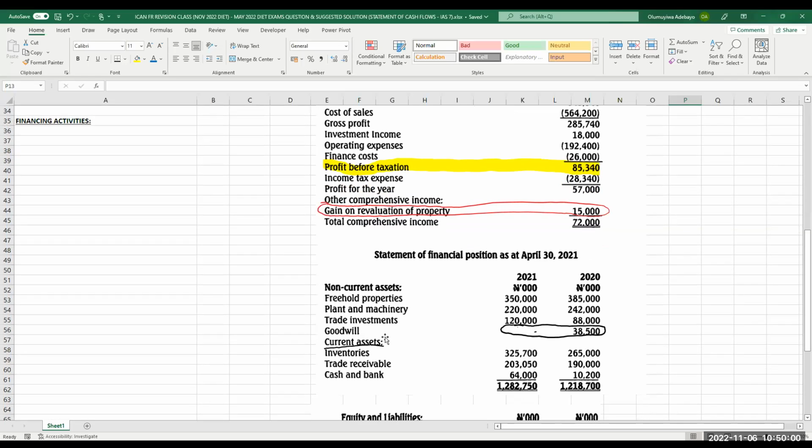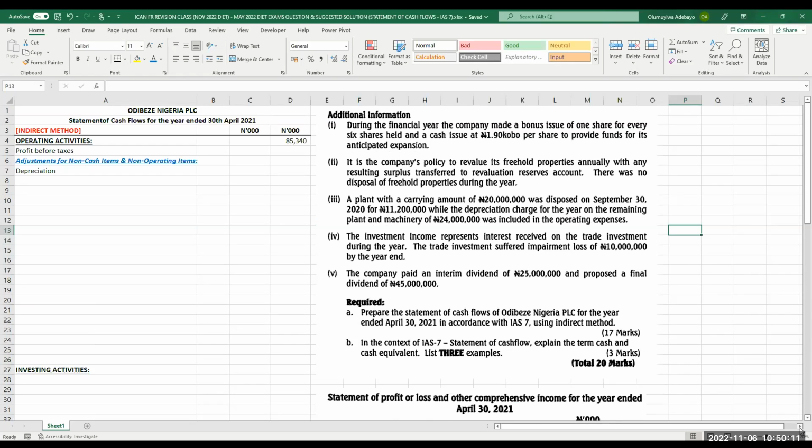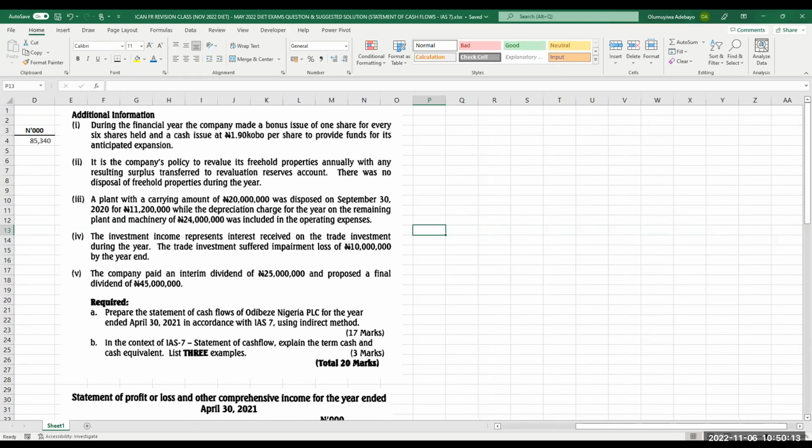But where we can get a better view is from our balance sheet here. We have freehold property and we have plant and machinery. Therefore, what do we need to do with respect to that?